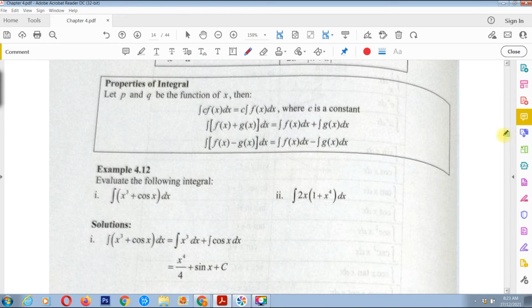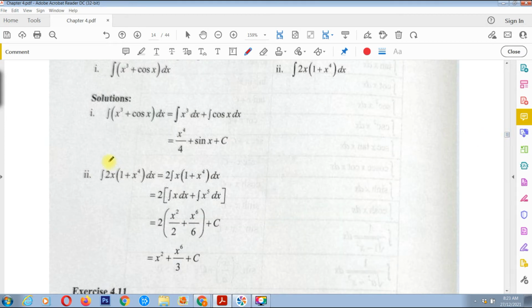For this function we factor out the constant outside, and then we multiply this.